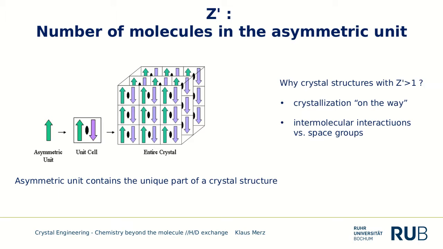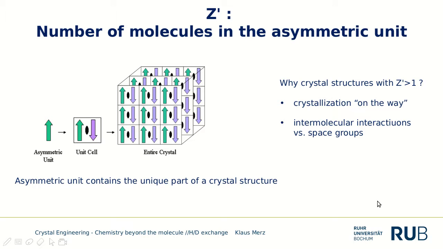But several crystal structures will you find in the crystal structure database with Z prime 1, Z prime bigger than 1. And this is a very interesting topic in crystal engineering. Crystal structures with Z prime bigger than 1.